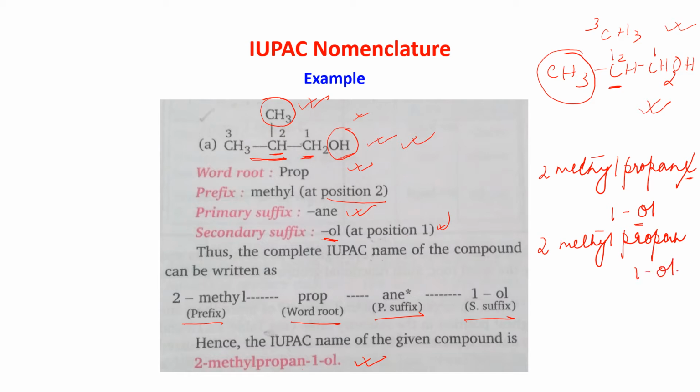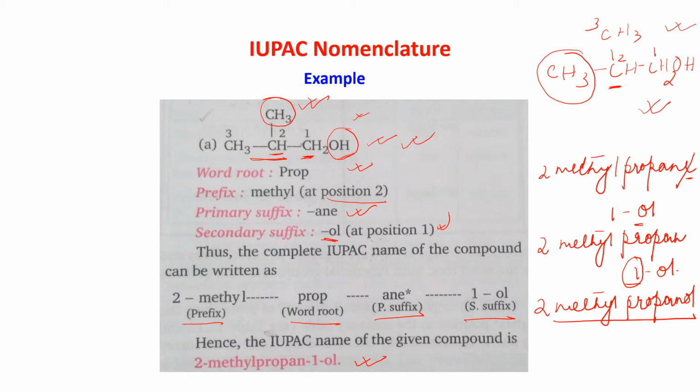Now if you don't want to write 1, you need not write that also if you want. Because it is in one position, you can write here 2-methylpropanol. This also can be the answer because the ol is in one position.